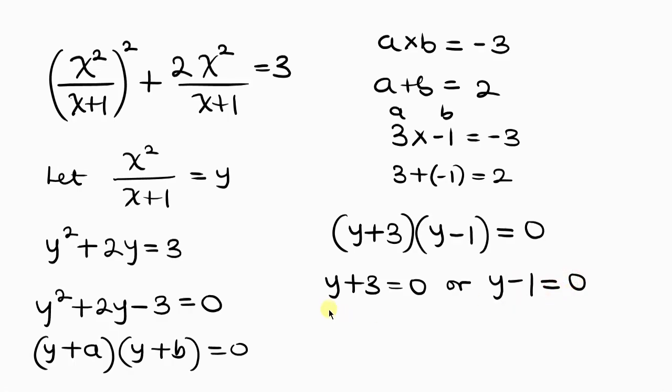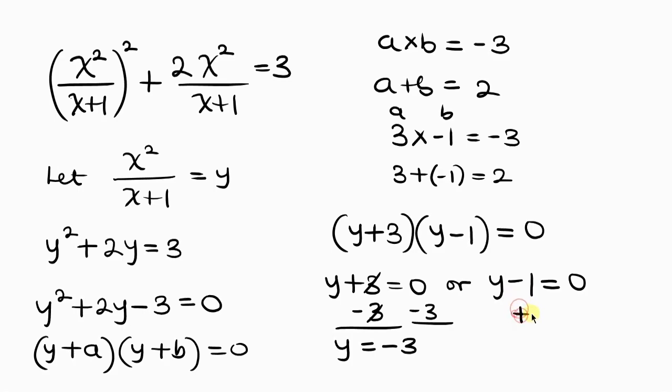So for the first case, the value of y can be gotten by subtracting 3 from both sides. And when we do that, what do we have? We have y. 3 can cancel out negative 3, and then 0 minus 3 is minus 3. So we've got the value of y to be negative 3 here. And then for the second case, we're going to be adding 1 to both sides of the equation.